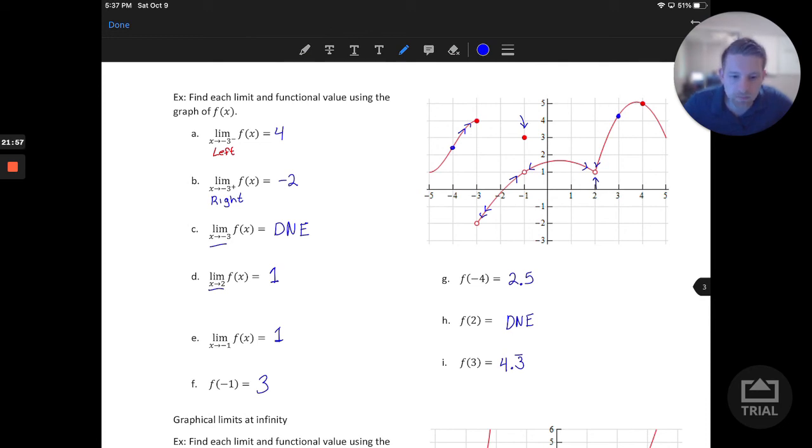If we wanted to be more exact with that, we could say maybe it's 17/4. If we wanted to write it in fraction form, that would be the same as 4 1/4. So let's call it 4 1/4 then.